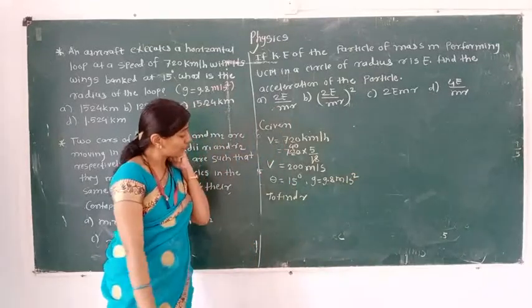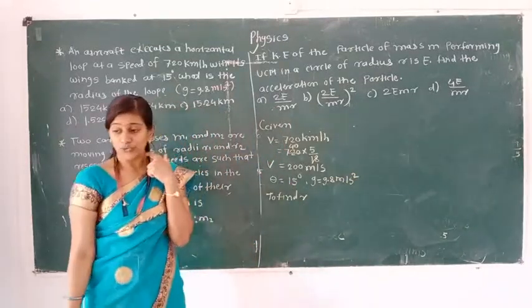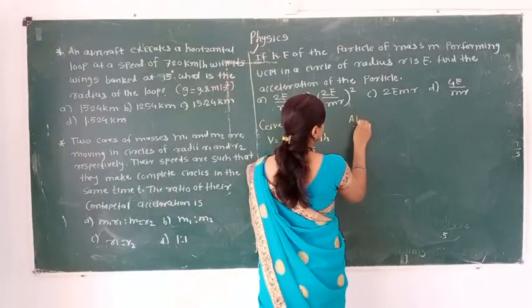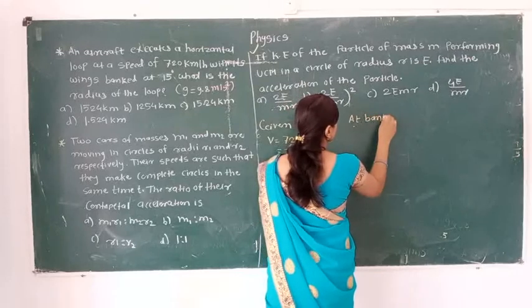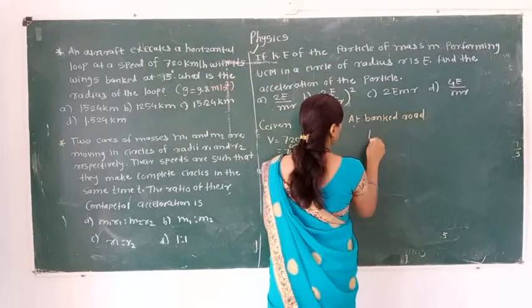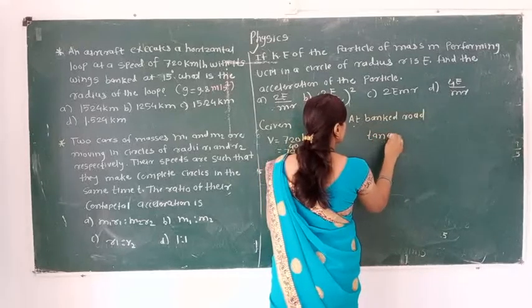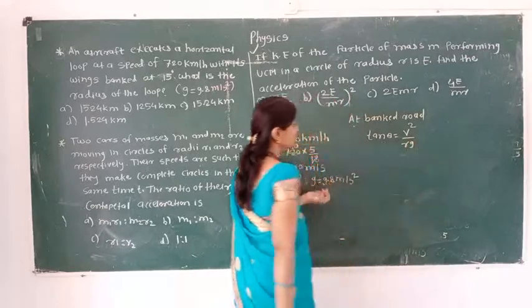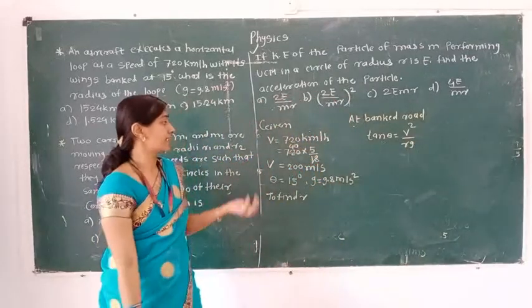See here, we have to find out the radius. The formula we know, it is at a banked road. We know the angle of banking: tan theta is equal to v square upon r g. g is with us, v is with us, tan theta is also given.